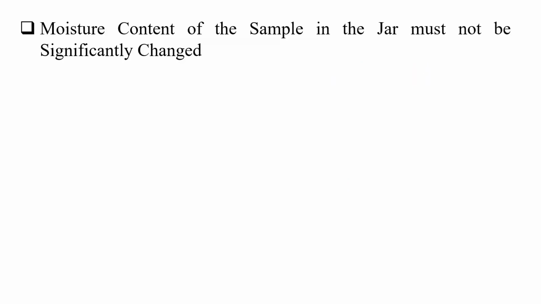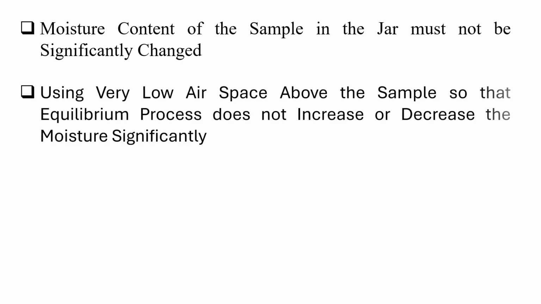One important point to consider is that the moisture content of the sample in the jar must not be significantly changed, because water activity is directly related to the moisture content of the sample. We can solve this problem using a very small air space above the sample so that the equilibrium process does not increase or decrease moisture significantly in the sample.